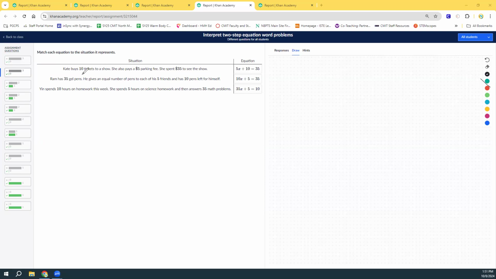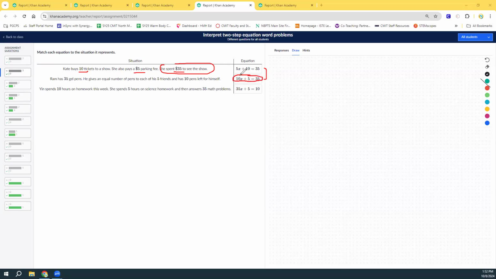She bought 10 tickets to the show and she paid $5 for parking and she spent 35. So the amount that she spent is what it's going to equal. So right now it's one of these two. She bought 10 tickets to a show and then a $5 parking fee. So that would be here.